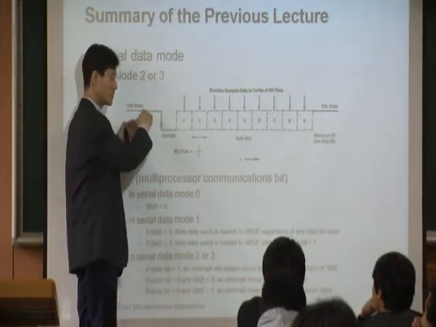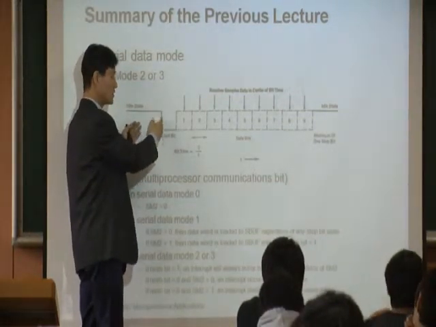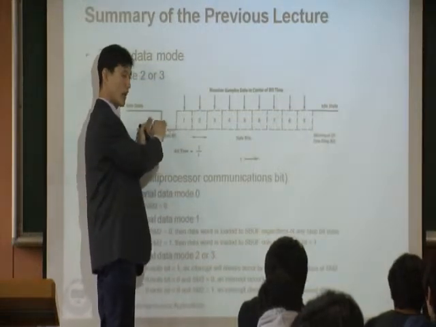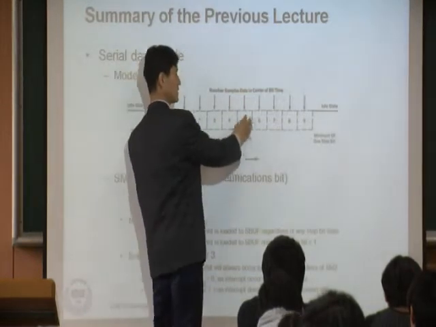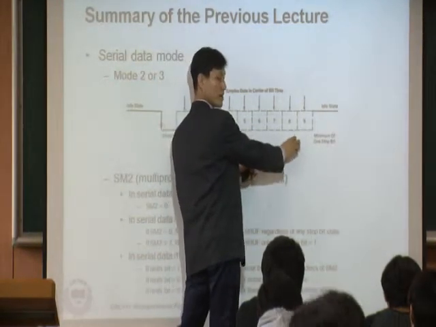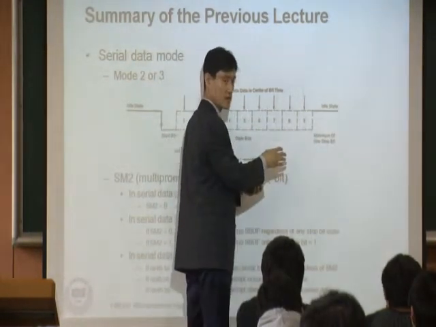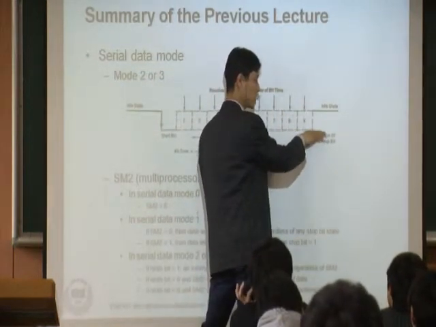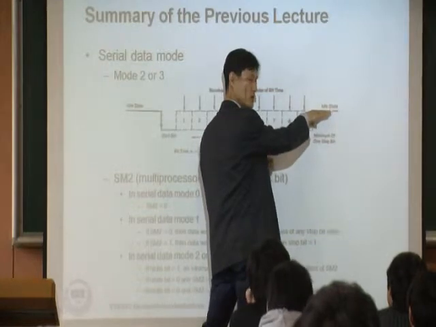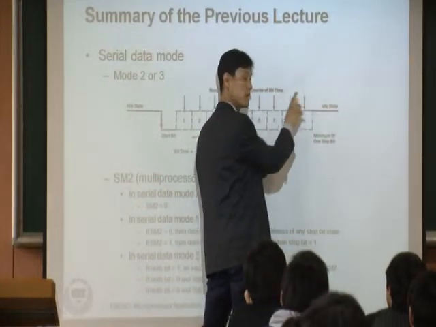Once you detect the high-to-low edge, you start to receive bit by bit until you see the stop bit. The last thing to do is check whether the stop bit goes back to 5 volts, or high.